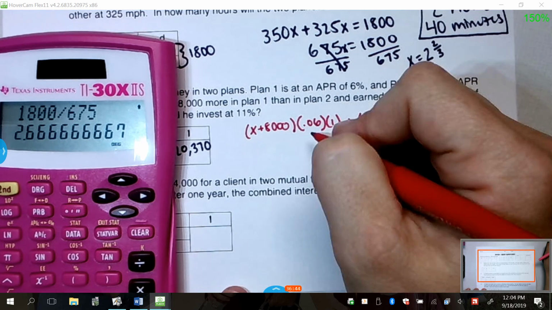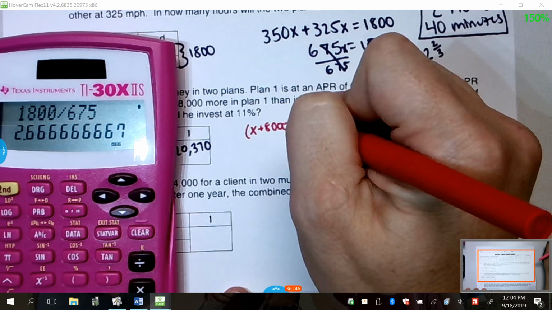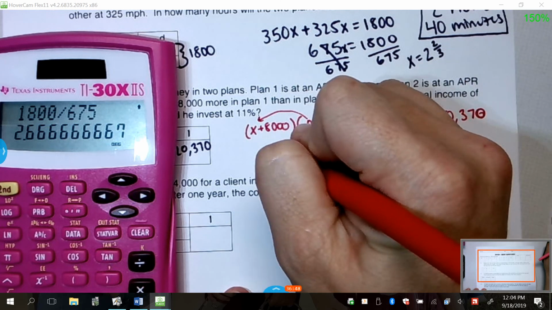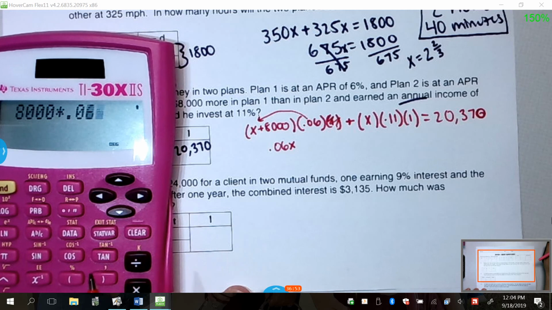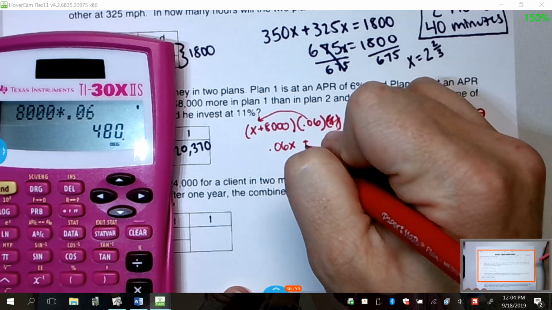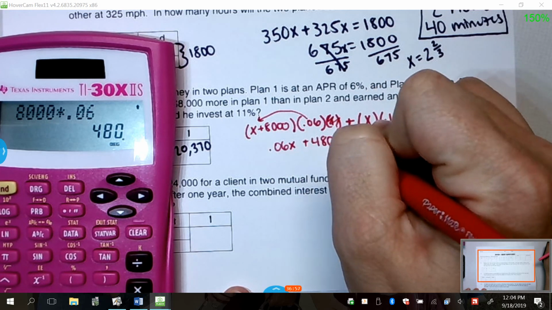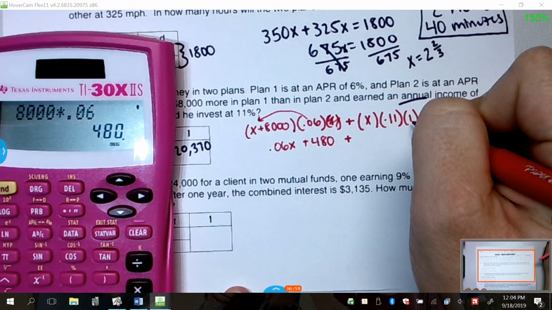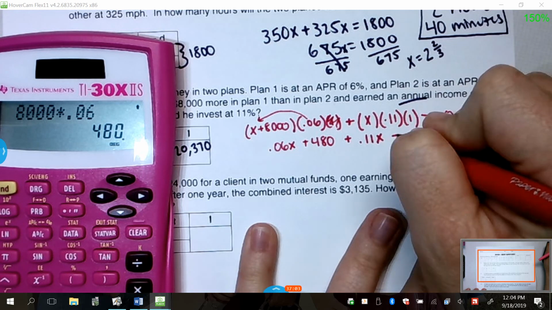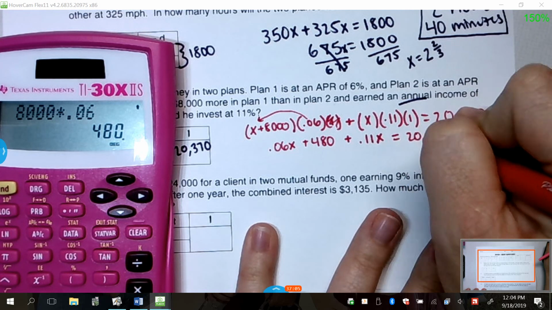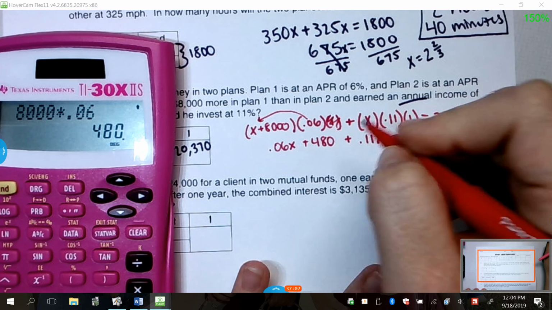Remember, 0.06 times 1 is just 0.06, so I'm going to distribute the 0.06. 0.06x and 0.11 times 1 is 0.11 times x is 0.11x. Combine like terms.